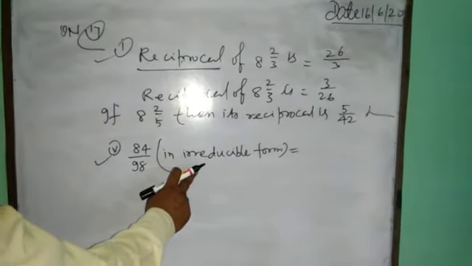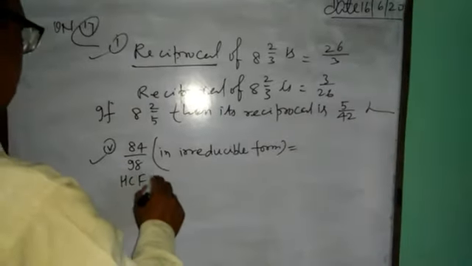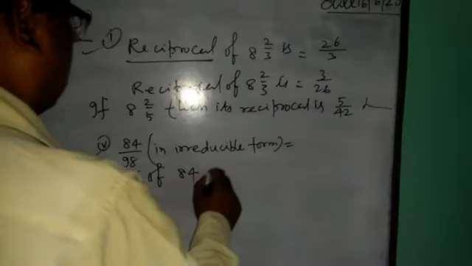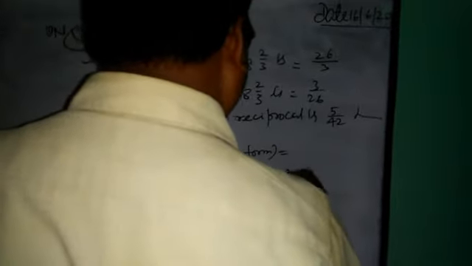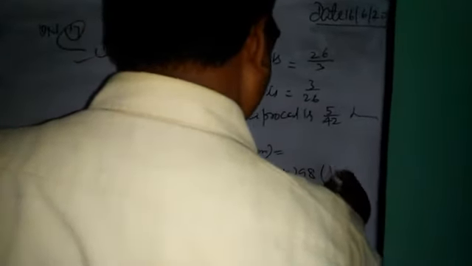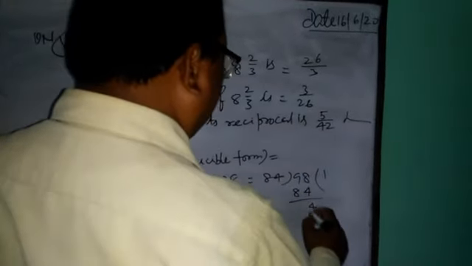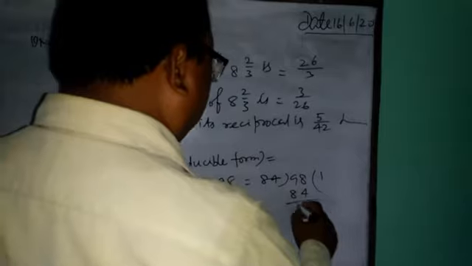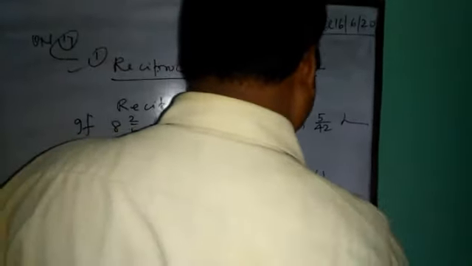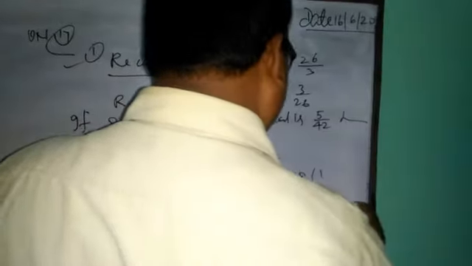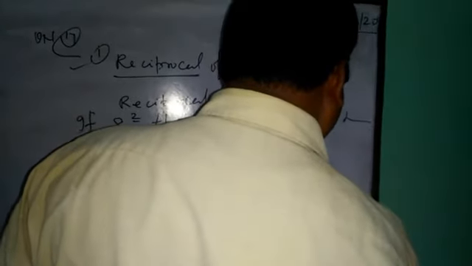Fifth number, reduce to irreducible form. So first we find its HCF. HCF of 84 and 98 is equal to 1 time 84, 98 less 84 is 14, then 14 6 times is 84.